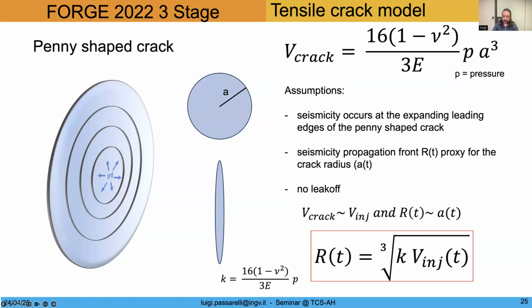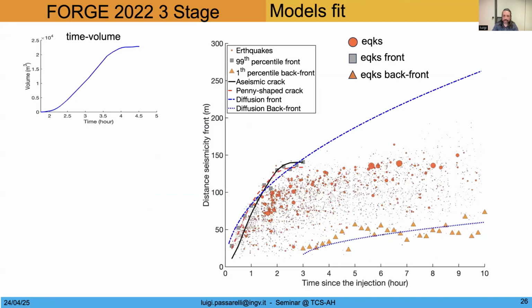So we have three equations, and these three equations can be fit directly to the data, as I did here. Two disclaimers before. Since diffusivity, the model, is dependent on time, and the other two on injection volume, I just fit the data up to the point where the volume was injected, so the first two and a half hours of the injection.